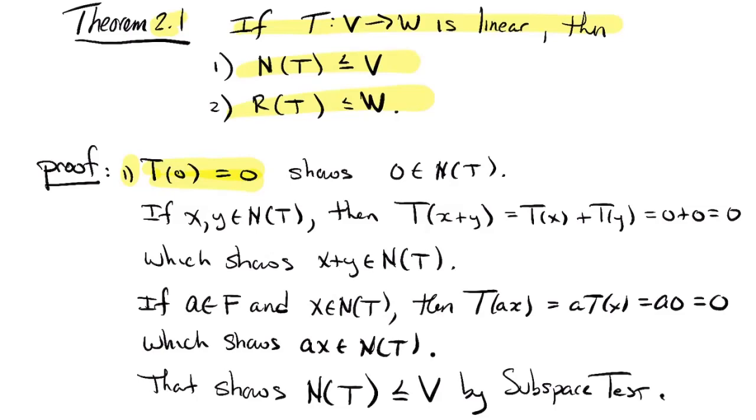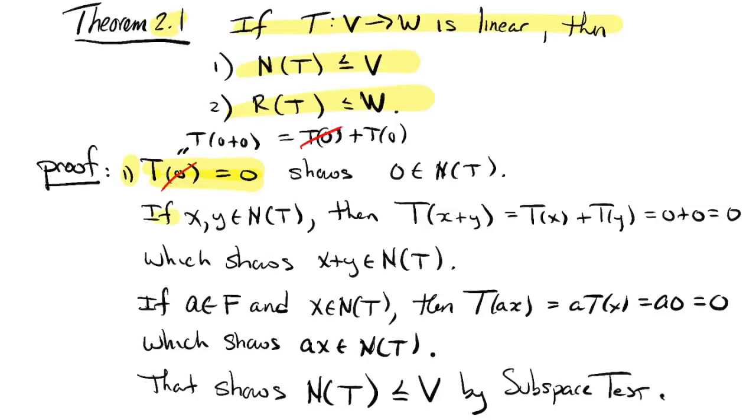It's because T of 0 you can think of as T of 0 plus 0, which by linearity is T of 0 plus T of 0. So then you can cancel. We're going to talk about this a little bit later too. Cancel T of 0 from both sides of that equation and you get that T of 0 has to be 0. So 0 belongs to the null space.